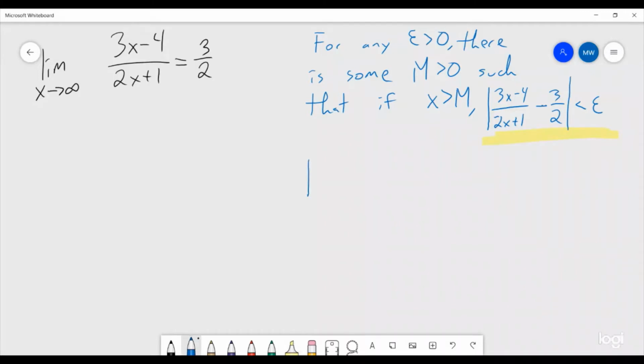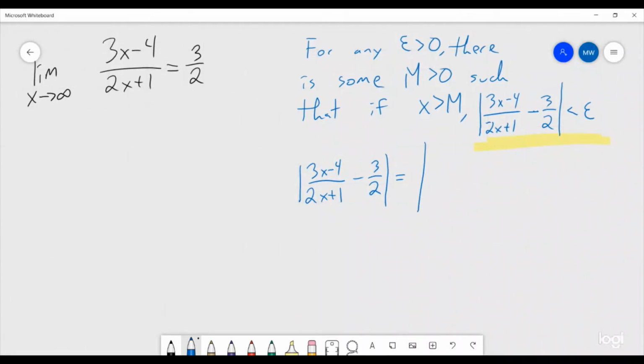So if we start with (3x minus 4) over (2x plus 1) minus 3 halves, we can say that this is equal to (3x minus 4) times 2 over (2x plus 1) times 2, minus 3 times (2x plus 1) all over 2 times (2x plus 1).